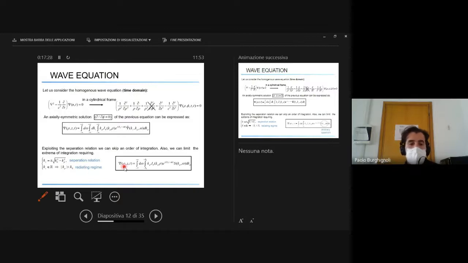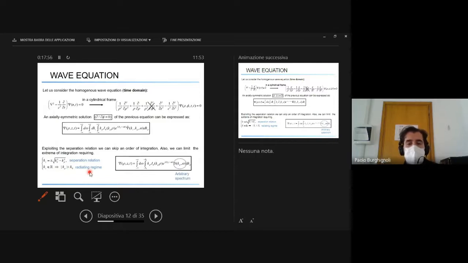If we do that, this integral representation collapses into one where we have only two integrals, one with respect to the angular frequency omega, and the other with respect to the radial wave number, which is now allowed to go only from minus k naught to plus k naught, that is the visible range, because of the hypothesis stated here.